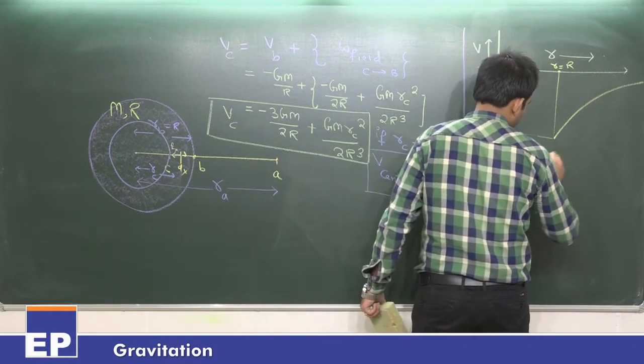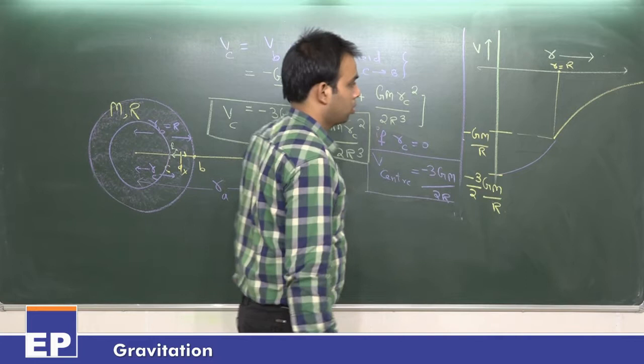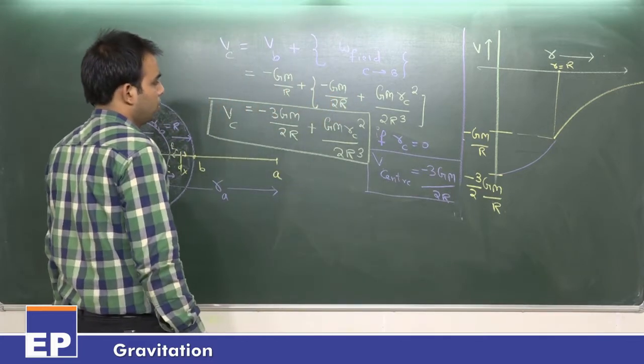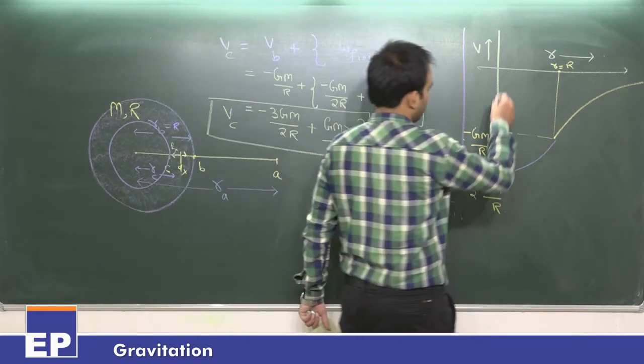Till there it is like this. So it is the variation. This is at R is equal to 0.